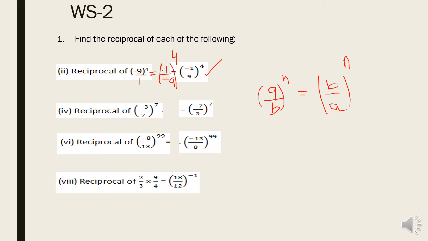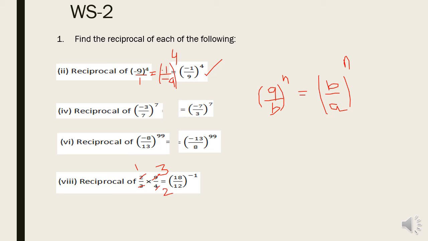Eighth part, reciprocal of 2 by 3 into 9 by 4, with the factors 2 by 3 and 9 by 4 multiplied. Whenever such type of questions come, first we will solve this expression. Here I can cancel: 3 ones are 3, 3 threes are 9, and 2 ones are 2, 2 twos are 4.